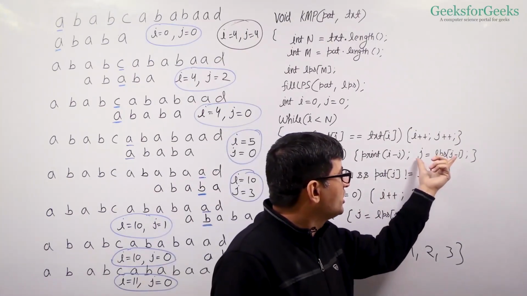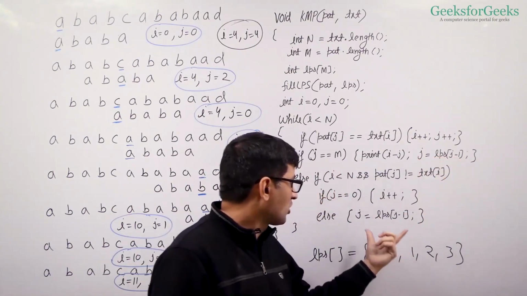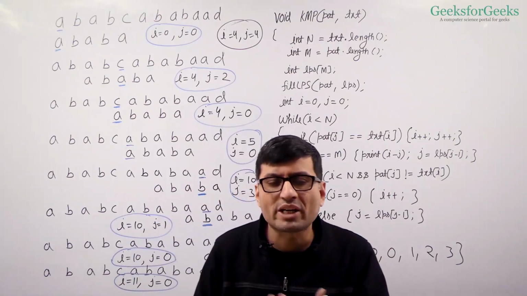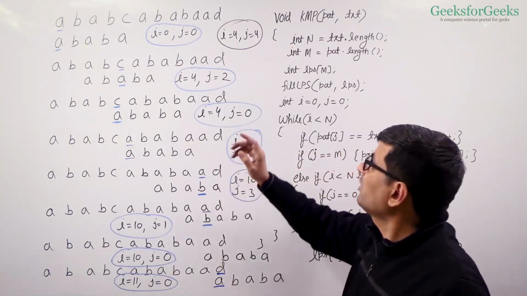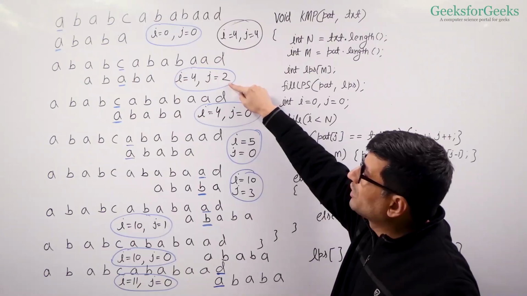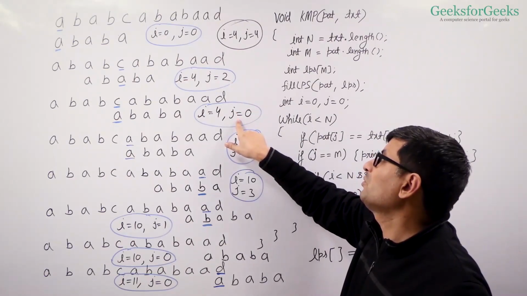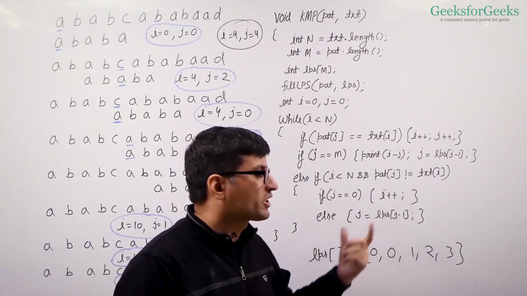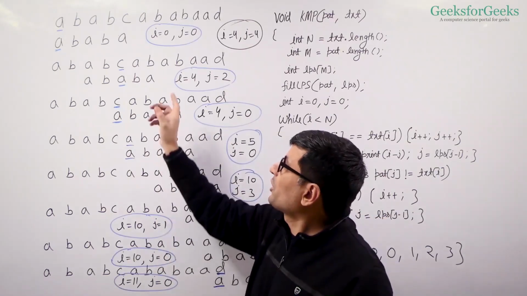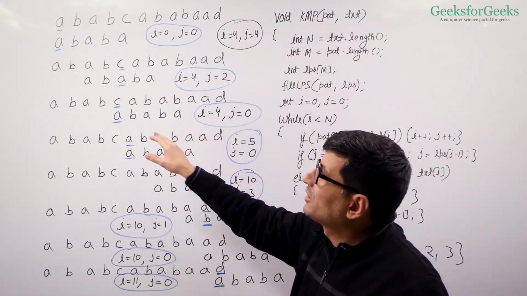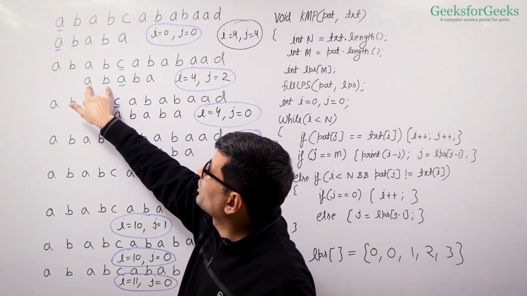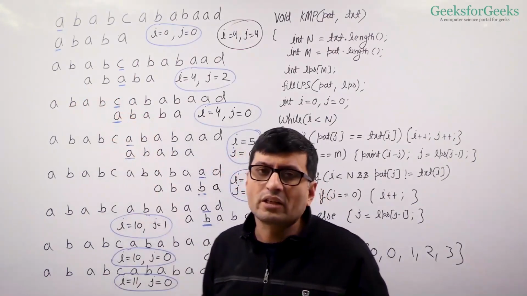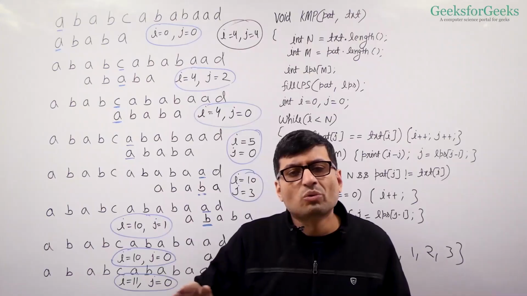And when you do any of these two operations, this or this, you are sliding the pattern ahead. For example, here J was 2 and you changed to J equal to 0 because they are not matching. And what it effectively means is you slid the pattern 2 positions ahead, right? And you're sliding this pattern over the text.